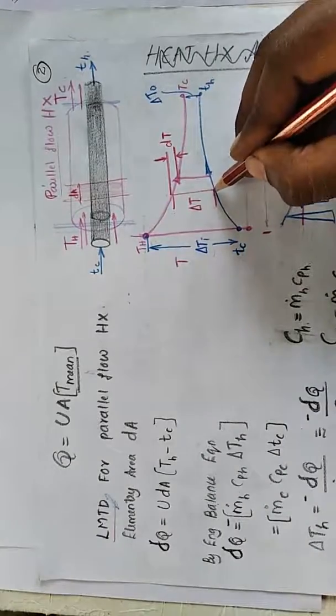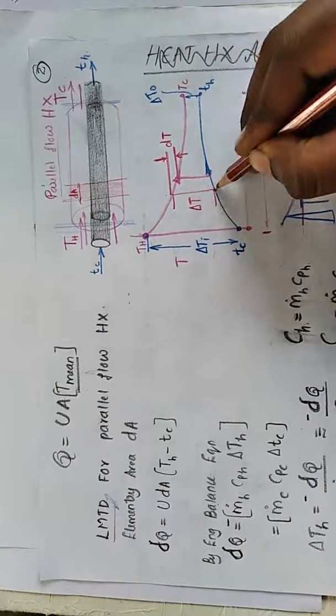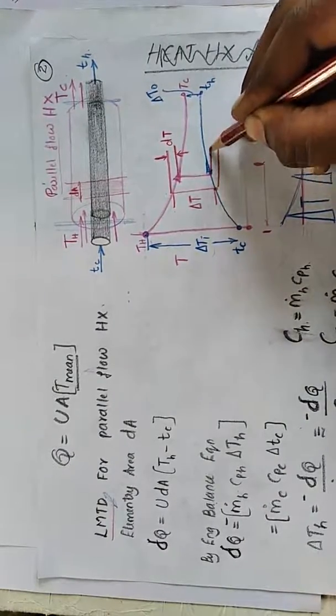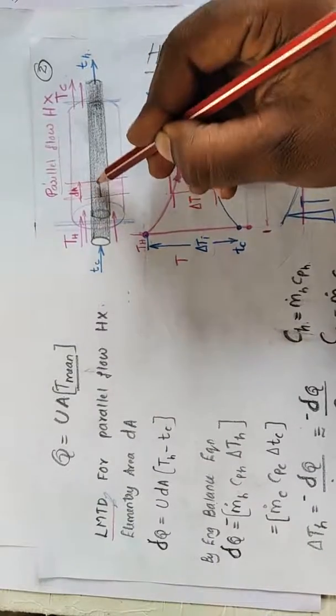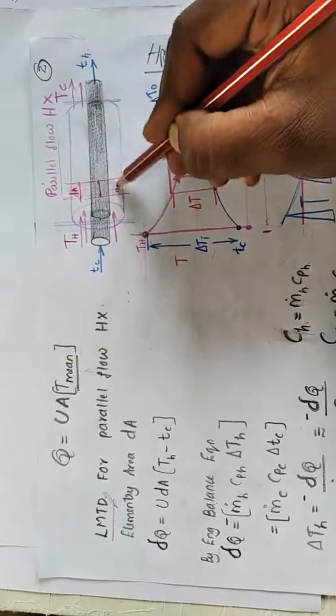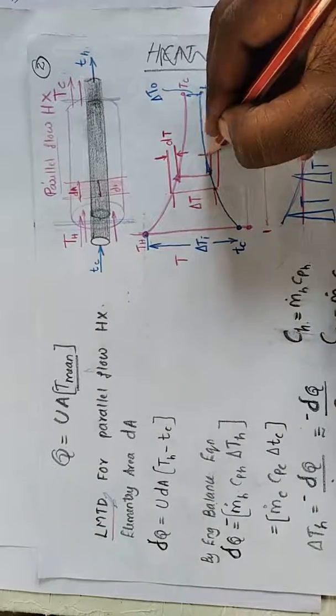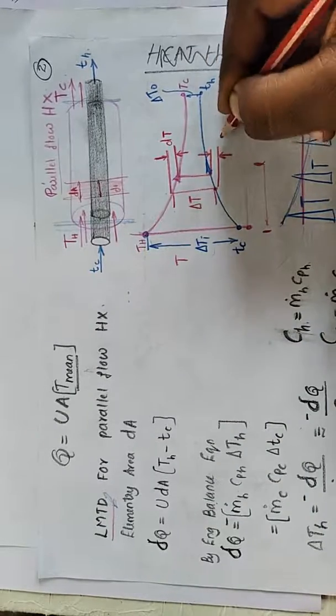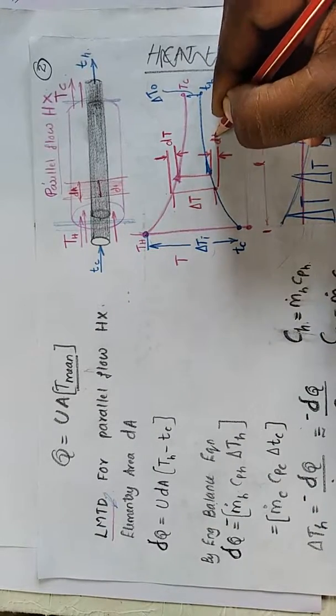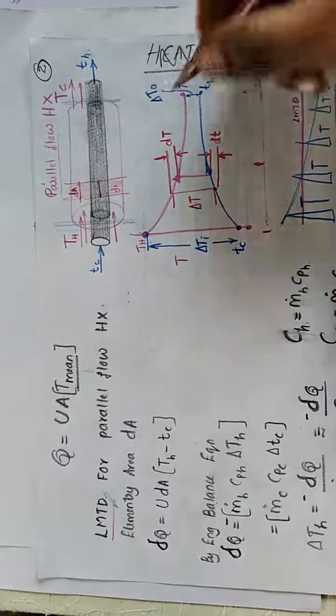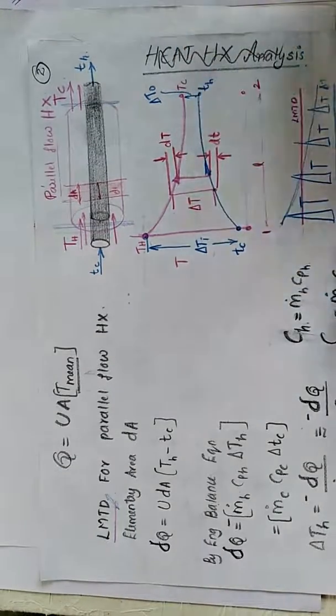And for the cold fluid, this is the change in temperature along this particular length dl, this is the small dt, small t, and this is capital T for the hot fluid.